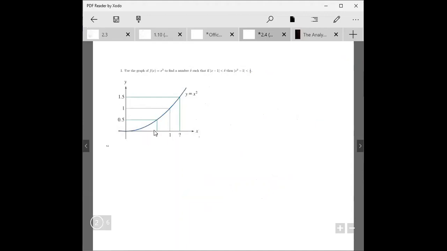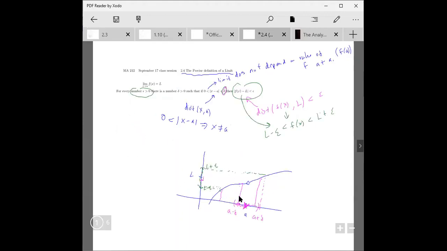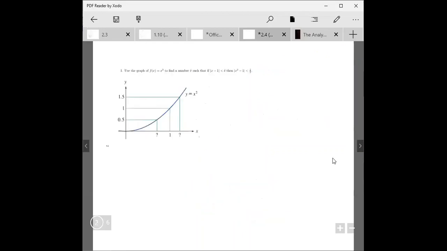Okay, so here we have, this is sort of the same thing that I'm looking at right here, where you've got these lines coming up. Number 1: use the graph of f of x equals x squared to find a number delta such that if the absolute value of x minus 1 is less than delta, then the absolute value of x squared minus 1 is less than 1/2.